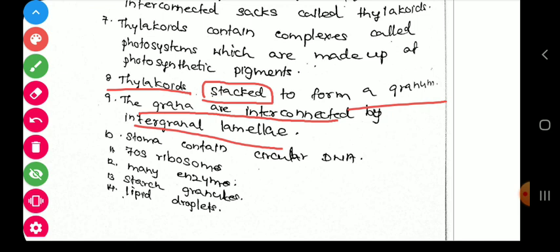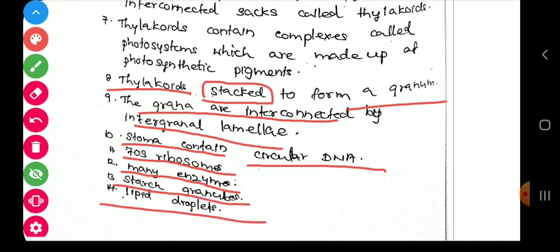Stroma contains circular DNA, 70S ribosomes, many enzymes, starch granules, and lipid droplets.